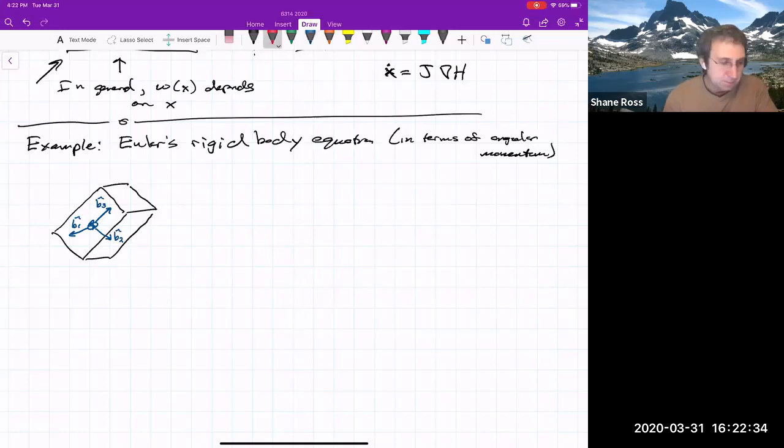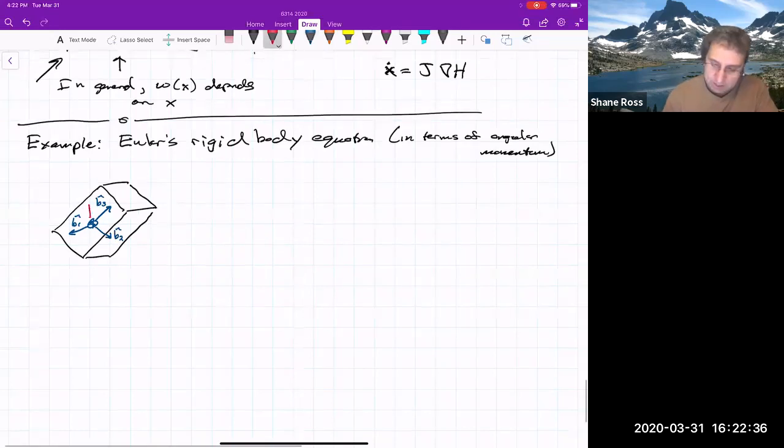And in this body fixed frame, there is an angular momentum vector, H, which can evolve according to how this thing is changing.